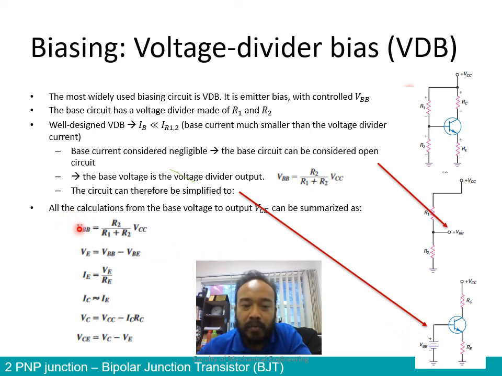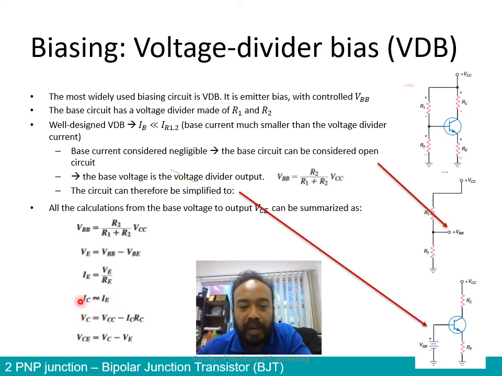So we get VBB over here. In the previous slide, VBB is given, but VBB here now depends on the ratio of the voltage divider. Therefore, you can control it by controlling the voltage divider. If you want to calculate VE, it is VBB minus VBE. VBE we know equals 0.7, and VBB is given by this calculation of the ratio. From VE you can calculate IE, which by Ohm's law is VE over RE, and we consider that IC is more or less equal to IE.